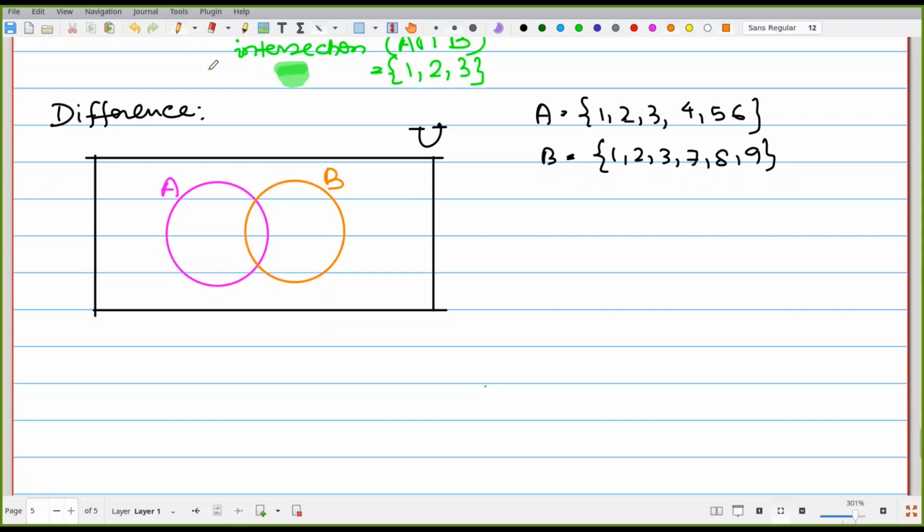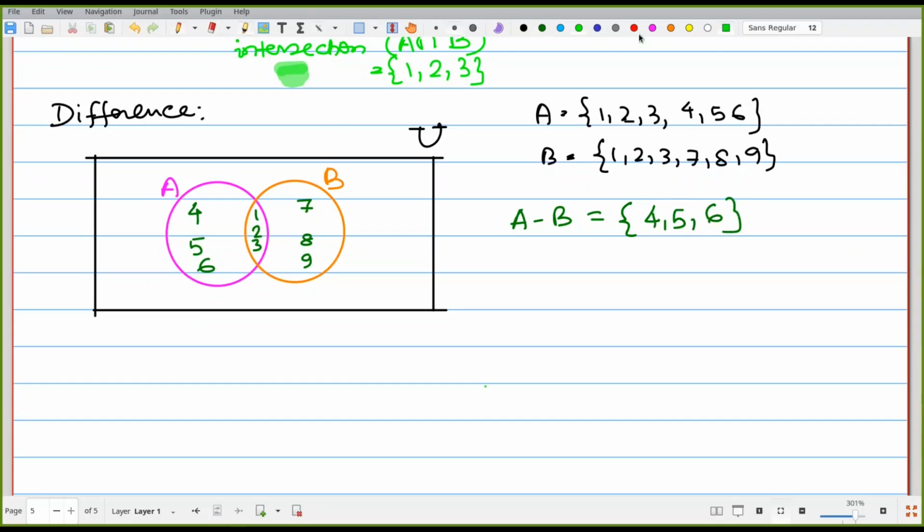So simply, I am writing it at first. 1, 2, 3 is the common. Then 7, 8, 9 is here. 4, 5, 6. So what is the difference? A minus B. So A minus B means simply 4, 5, 6.